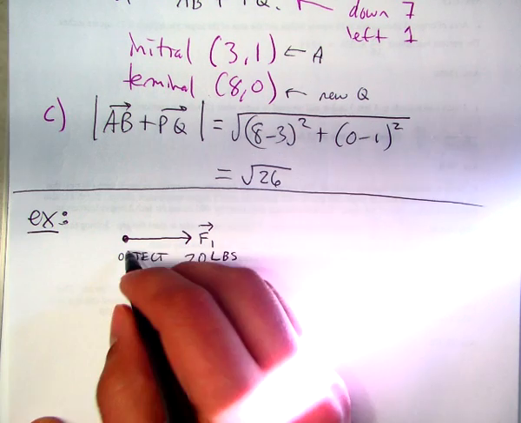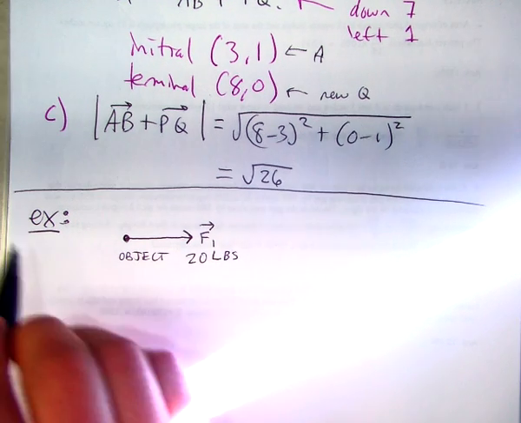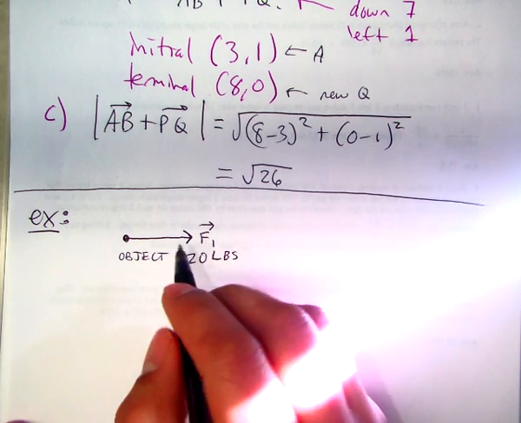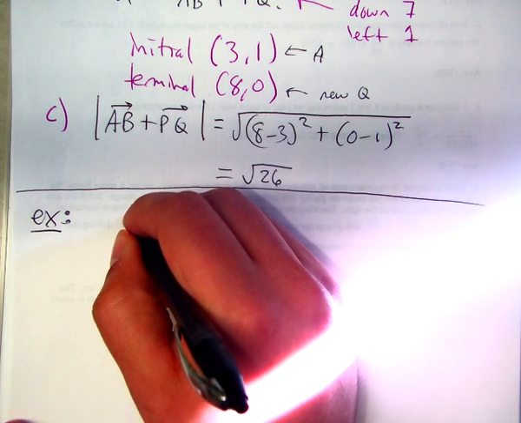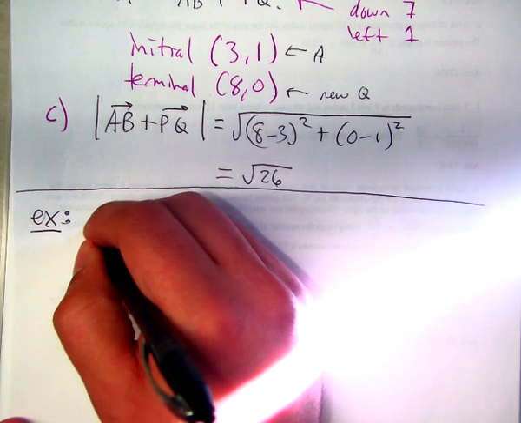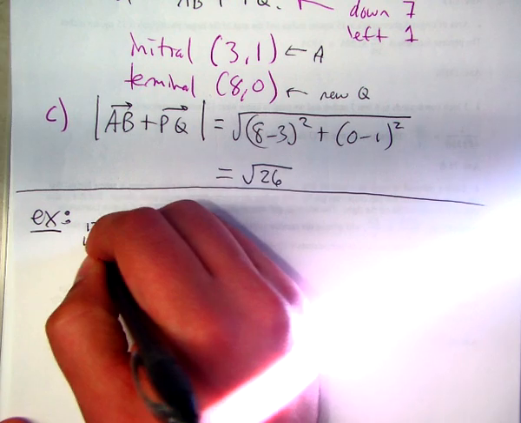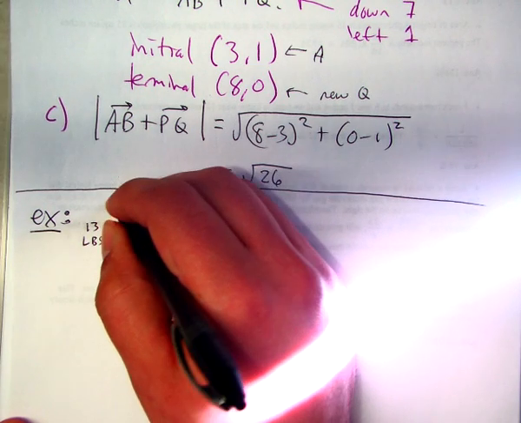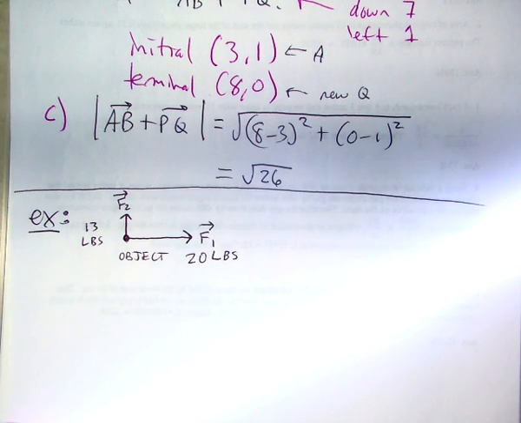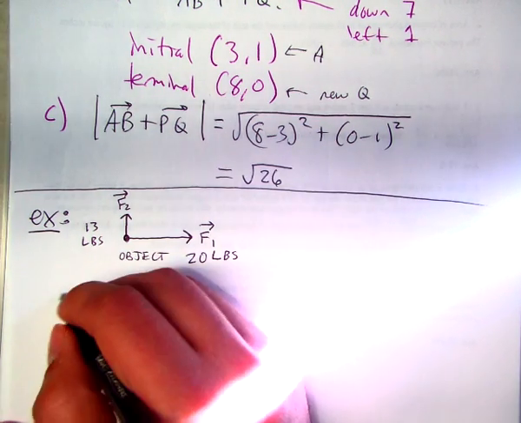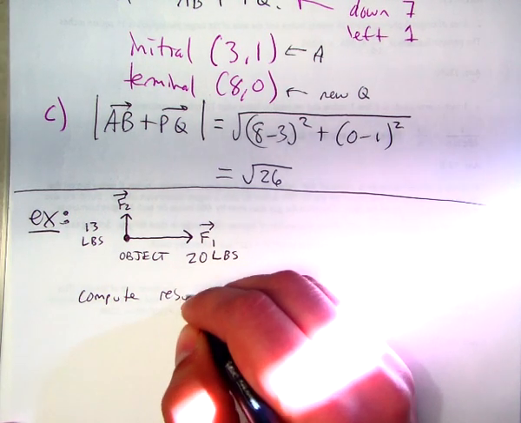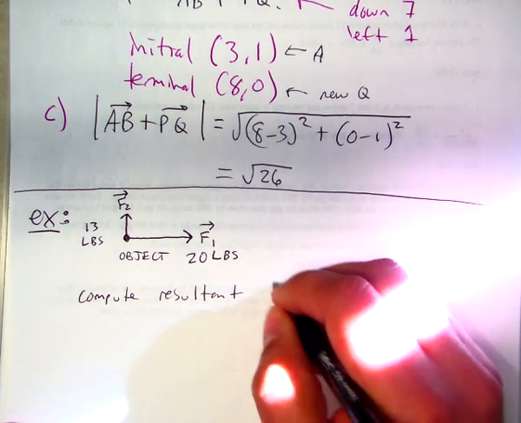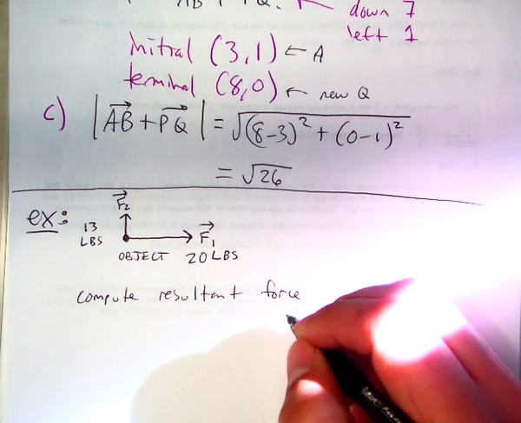So maybe someone's pushing on an object in that direction with that much force, and then maybe someone's pushing this way at 13 pounds, and let's call this F2. So a typical question would be to compute the resultant force and direction.